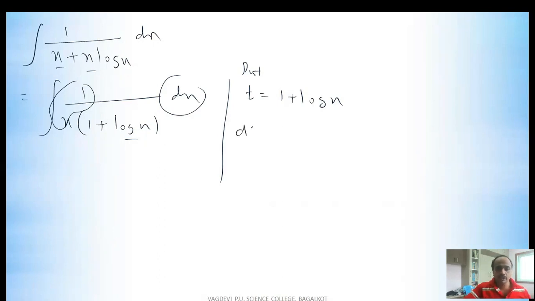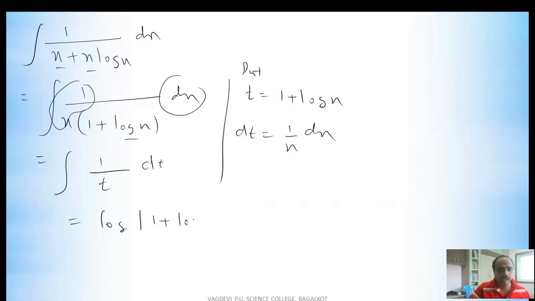So if I differentiate, derivative of 1 is 0, derivative of log x is 1 by x, you have to cross multiply. So 1 by x dx will be dt, and 1 by t. Integration of 1 by t is log of mod t. Mod of t means log of mod 1 plus log x, plus c. It's very simple.